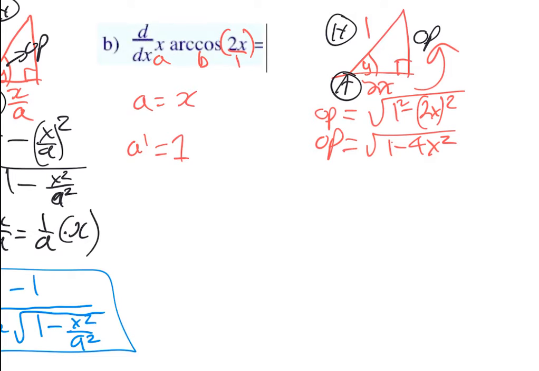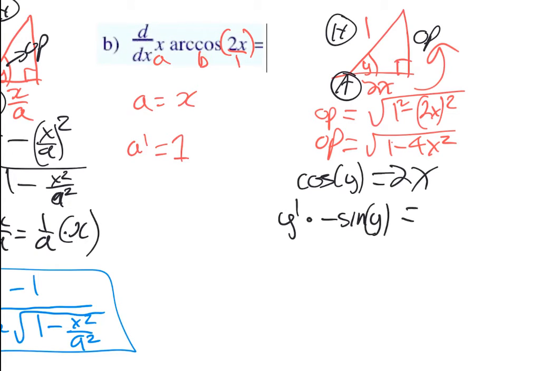And so now let's go through this. So we know that the cos of angle y equals 2x, right? That's the ratio, 2x divided by 1. And let's do the derivative of that. So the derivative of the left side is y prime multiplied by negative sine y, and that's going to equal the derivative of 2x, which is just 2.